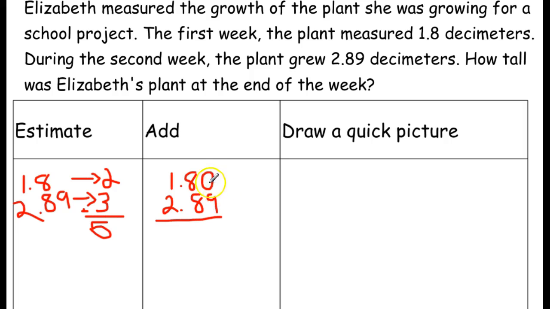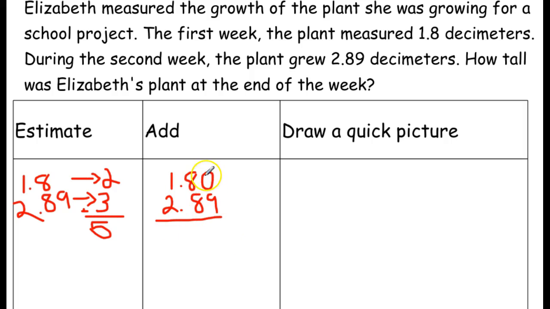So you can add the 0 right here. It doesn't change the value of the number, but it can kind of show you that there is something in that place, so you don't get confused and try to line these numbers up incorrectly, because you do not want to line up the tenths and the hundredths place. You need to have the hundredths in this line, tenths in this line, and whole numbers in this line.